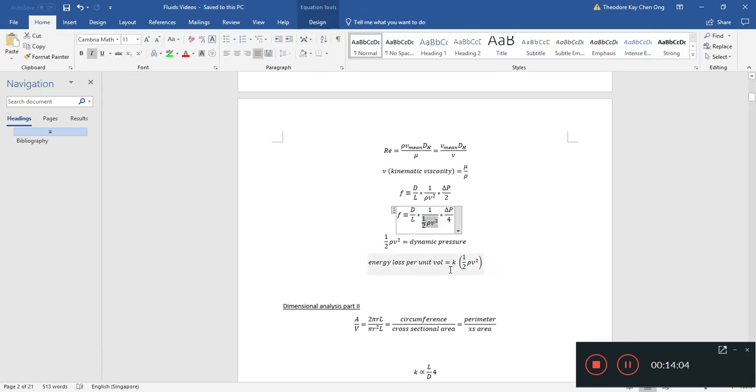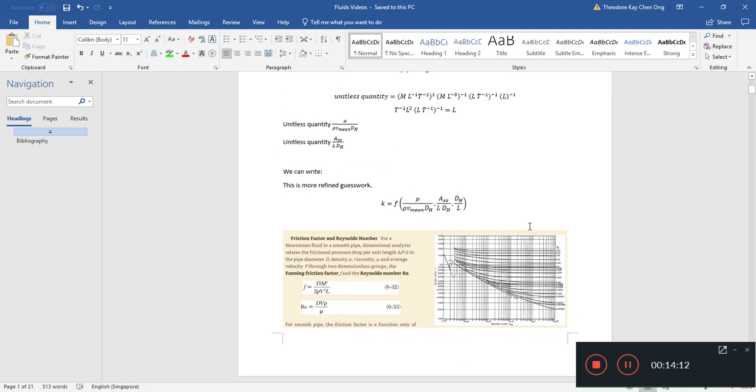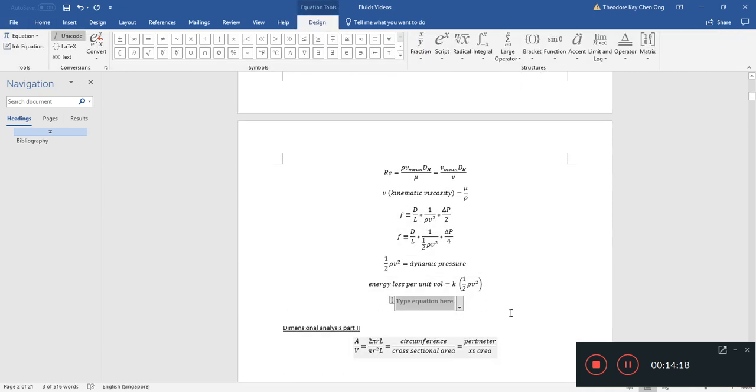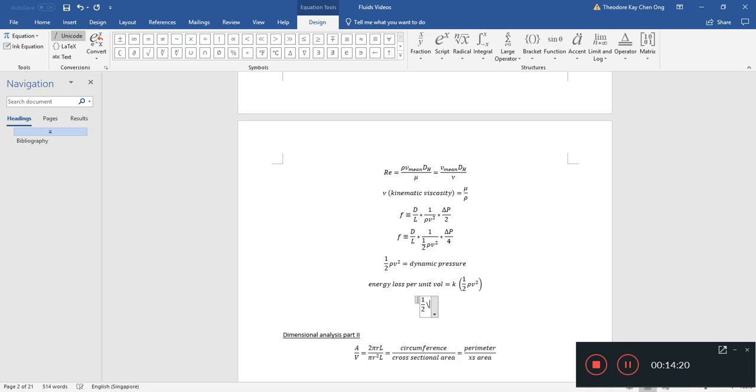We look at this half rho v squared here, we rearrange everything, and then we put it here. So we make half rho v squared the subject. Okay, so half rho v squared goes on top, equals to d by L times 1 over F times delta P over 4.